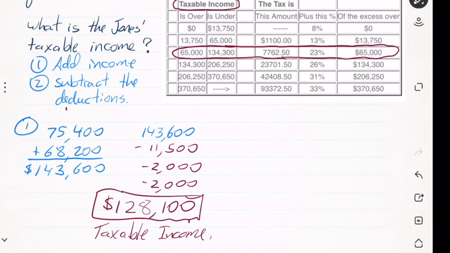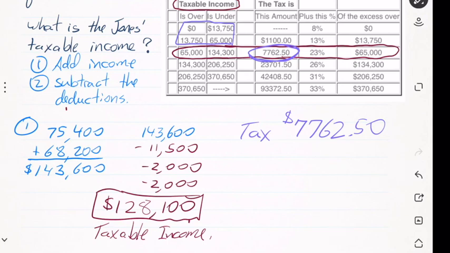We know how much money we earned, 128,100. So guaranteed without a doubt, we have to pay this amount of money right off the bat. So our tax is going to start off with $7,762.50. Now that is the tax on the money before 65,000. So it's a tax on these two brackets added together.